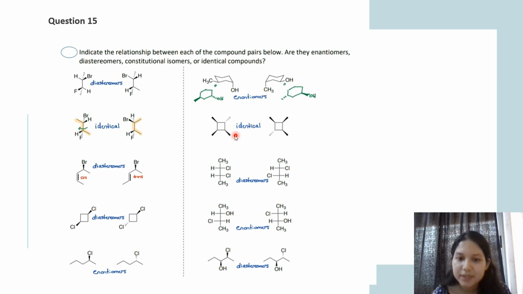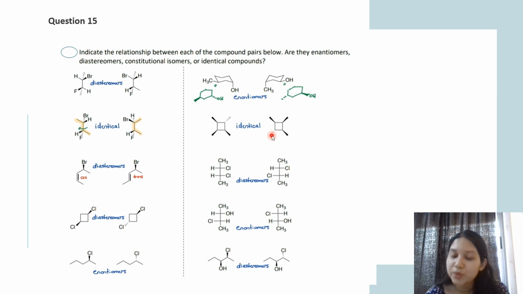Next, we have this pair of cyclobutane rings, having all the carbons possessing one methyl substituent. But here you have these three above the plane, this one below the plane, and here also these three are above the plane, this one is below the plane.